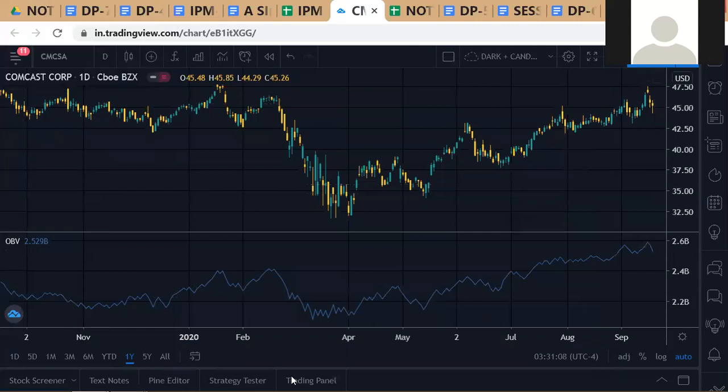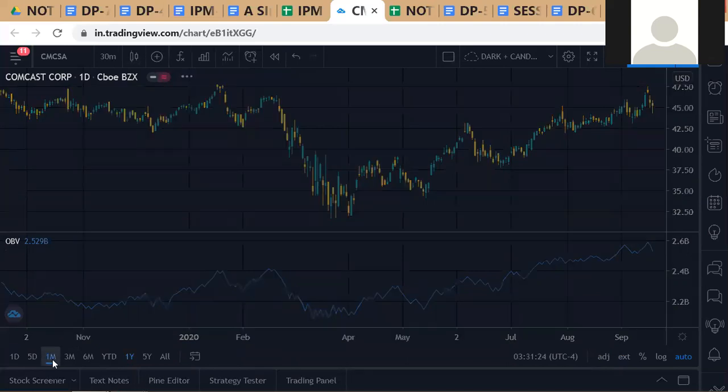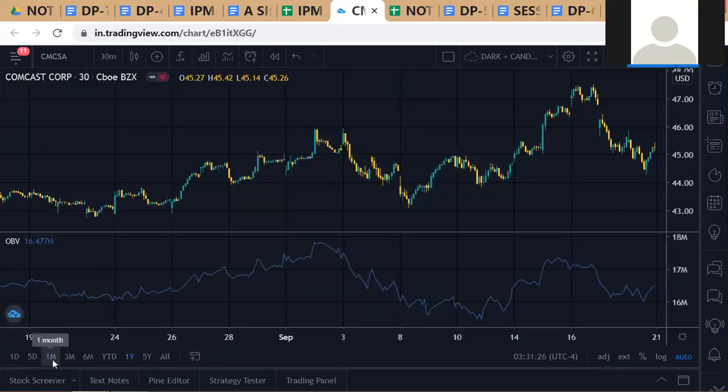Me and Gaurav were discussing this indicator, and sir, I was also studying the head and shoulders pattern. When we move over to the time frame of 1 month, I could figure out a pattern like a head and shoulders from September 8. There is one shoulder and then there goes one head.